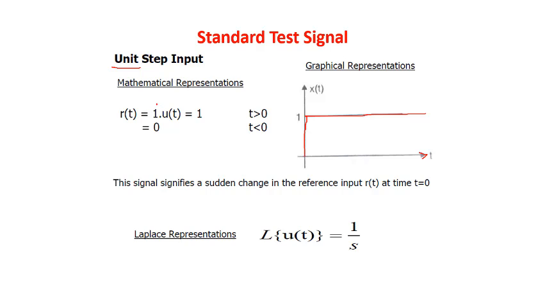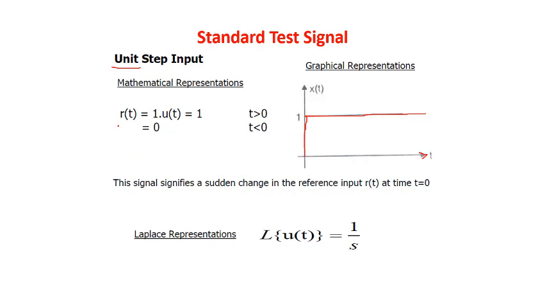Hence here we have 1 into u(t), that is equal to 1, and it will be 0 for all values of t lesser than 0. This signal signifies a sudden change in reference input r(t) at t equal to 0.